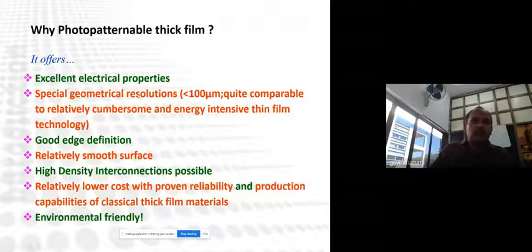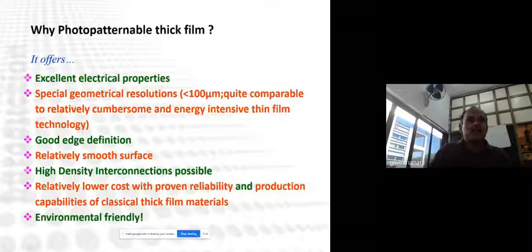Then this photo patterning technology gives good edge definition and a relatively smooth surface. Because of this special photo patterning, we can go to relatively high density interconnections. Low cost, yes, because thick film technology does not require many instruments or mechanical parts.